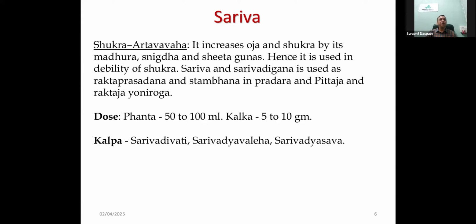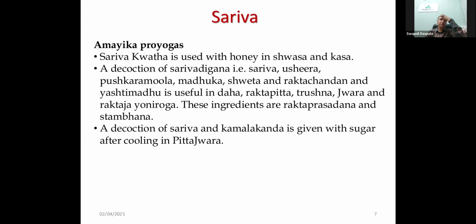Kalpa: Sarivadi Vati. Sarivadi Vati is Sarivadi Gana Vati, tablet form of Sarivadi Gana. Sarivadya Leha, marmalade, Sarivadya Asava, the fermented liquid of Sariva. In which Sariva is one of the major ingredients, and there are other ingredients also. Aamayik Prayogas.